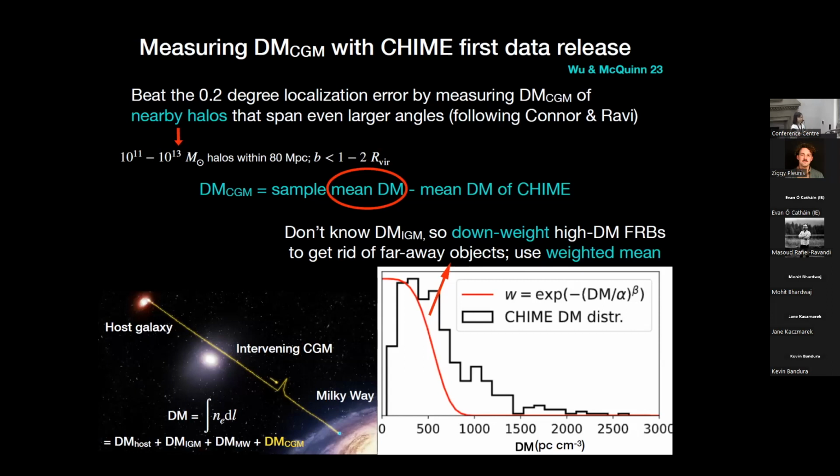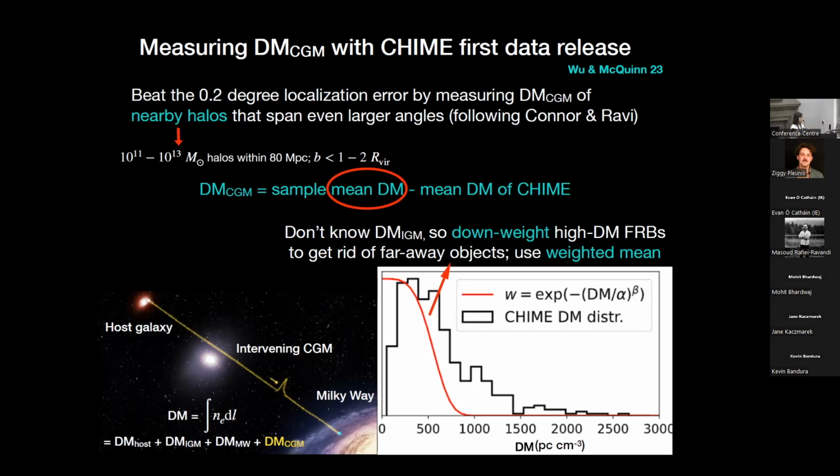You just select very nearby halos that span an even larger area on the sky. Very nearby means that we selected 10^11 to 10^13 solar mass halos within 40 to 80 megaparsecs. And we were targeting impact parameters below 1 to 2 R_vir.